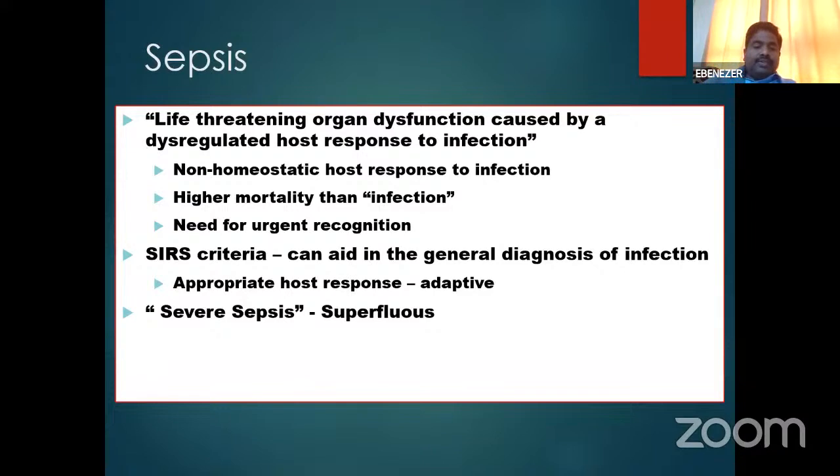As I told you, severe sepsis nowadays is becoming superfluous. So now we have sepsis and septic shock alone. We have taken that away from the definition, and the SIRS criteria also we have slowly removed from the armamentarium.